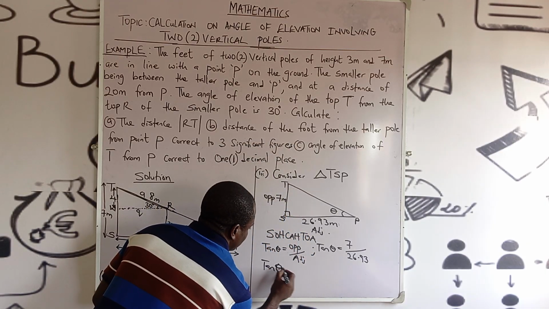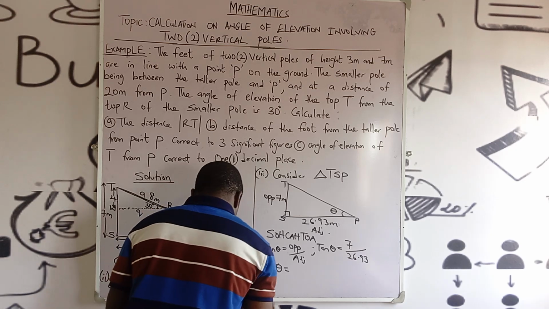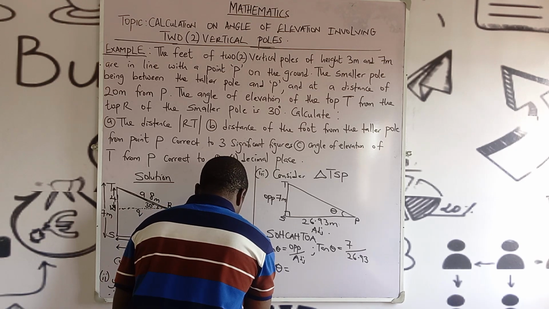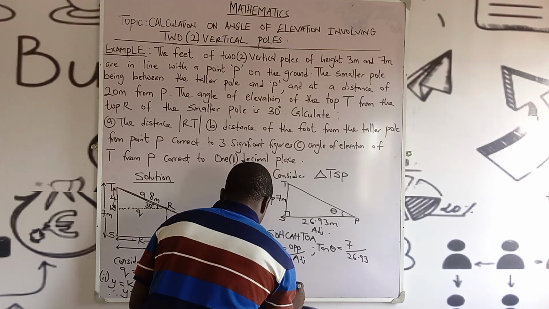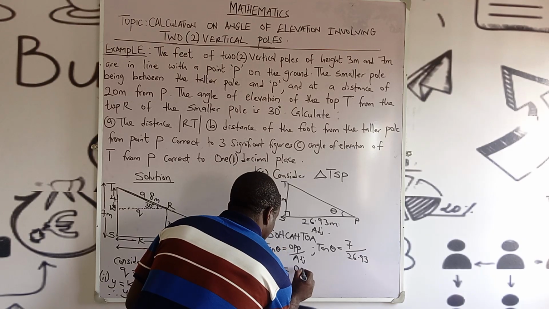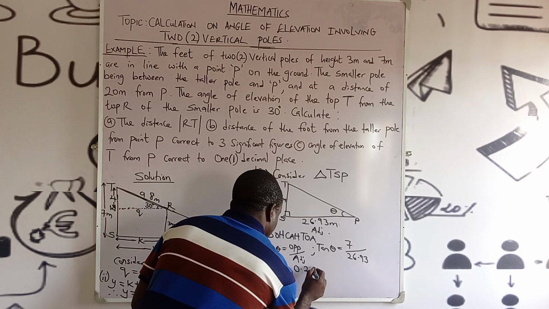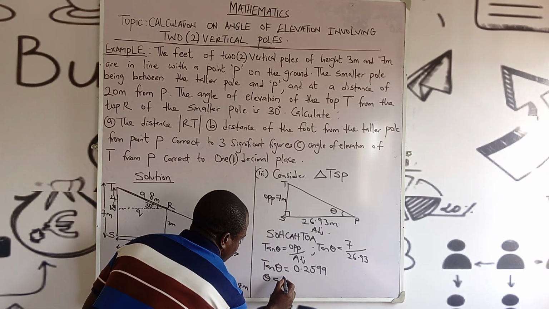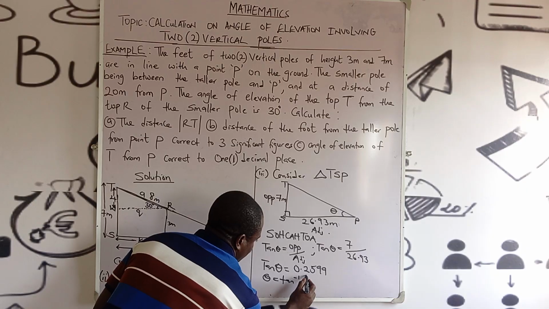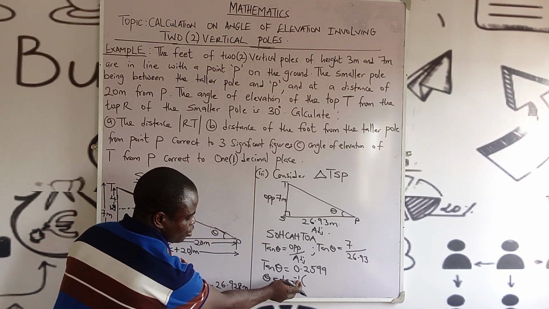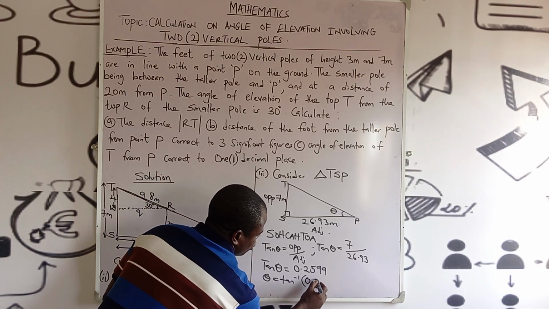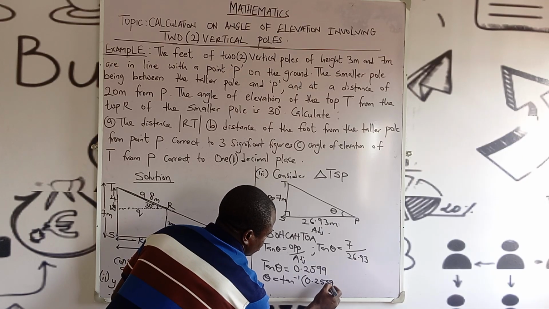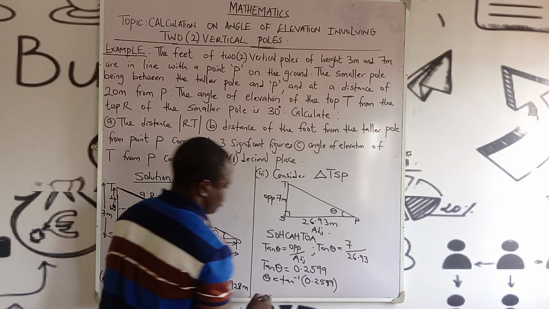Tan theta equals 7 divided by 26.93. You have it 0.2599. Find the tan inverse. Theta equals tan inverse of, when you are taking tan to the other side, it turns to tan inverse, 0.2599. Okay?